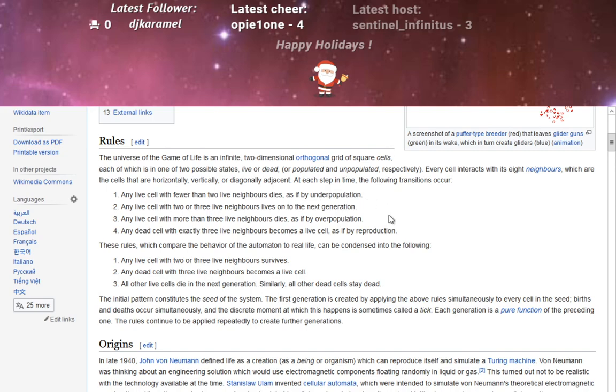So these are the rules. Any live cell with fewer than two live neighbors dies, as if by underpopulation. The universe of the Game of Life is an infinite two-dimensional orthogonal grid of square cells. Every cell interacts with its 8 neighbors.